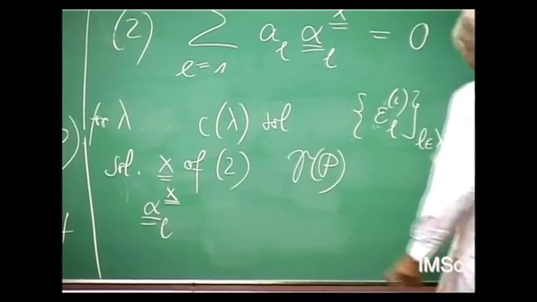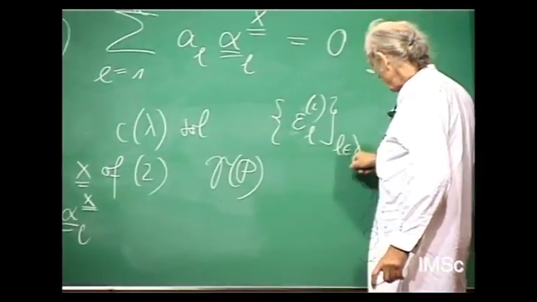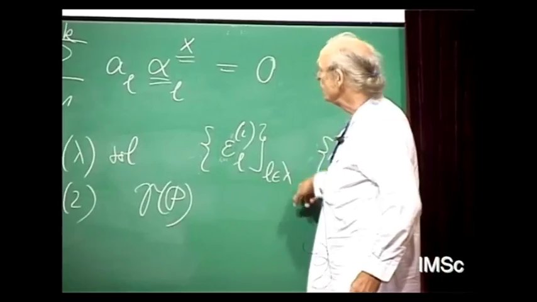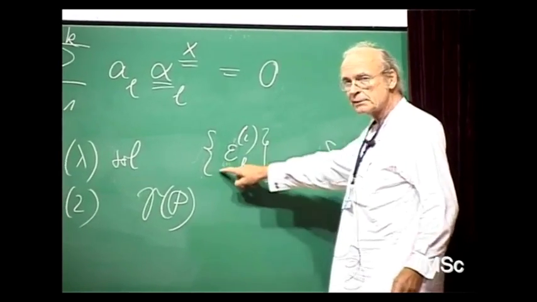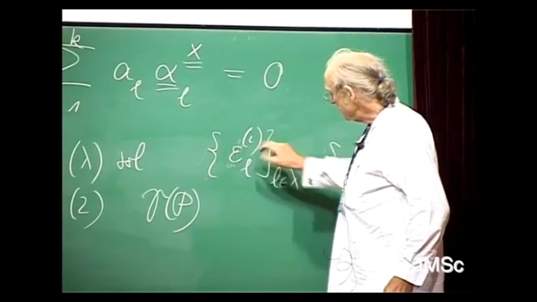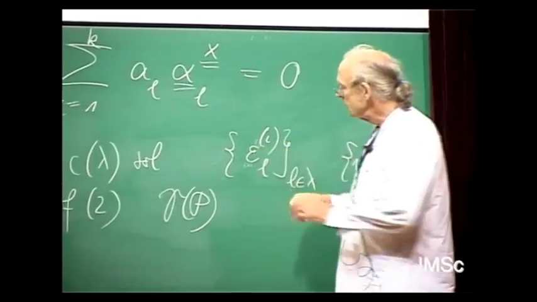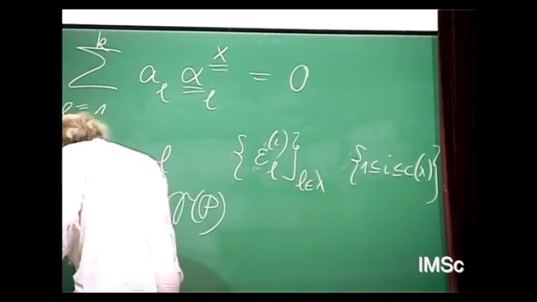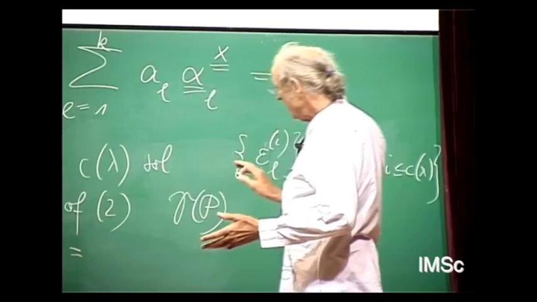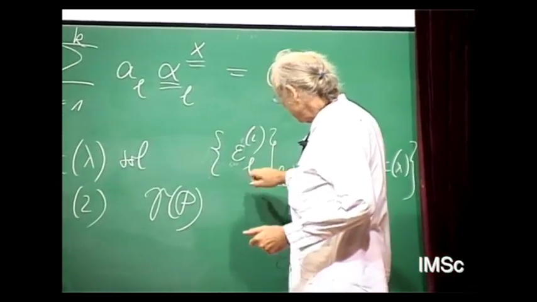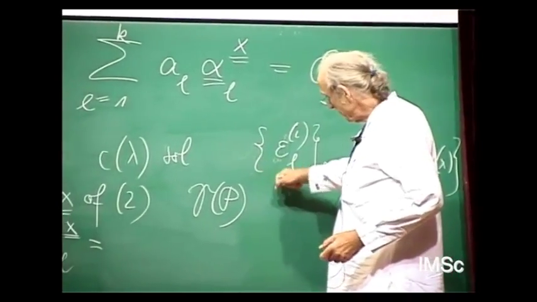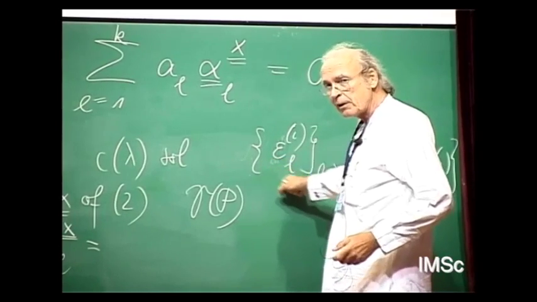Well, within our short subset lambda, it will correspond to some of these epsilon L super I. So I might write it as, well, within the subset, it will be proportional. It will be just a certain fixed multiple of these guys.